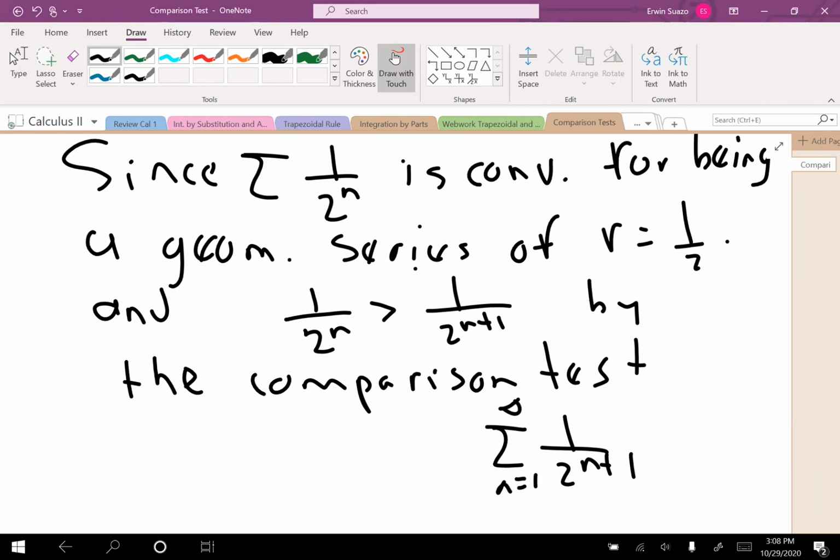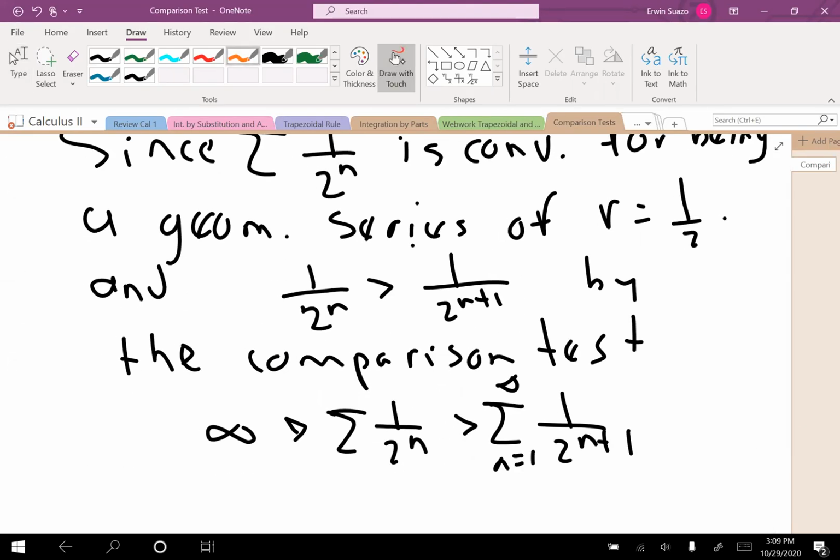is less than this sum, right? We know that. But this sum is less than infinity. Therefore, this one is convergent. So this sum is converging by the comparison test.